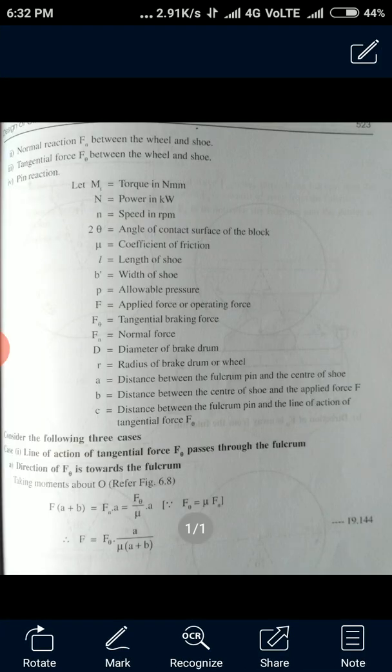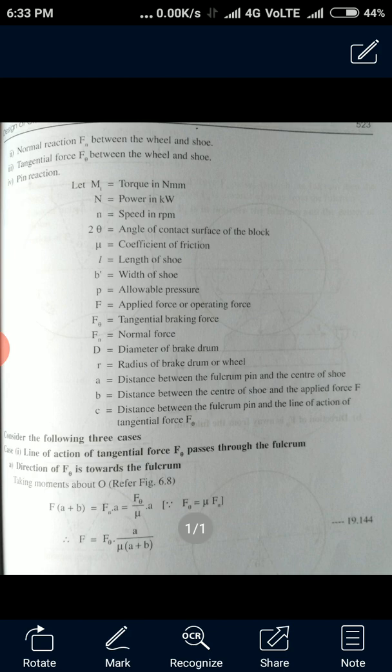Small r is the radius of the brake drum or wheel. Just a reminder: A is the distance between fulcrum pin and center of the shoe. B is the distance between center of the shoe and applied force F. C is the distance between fulcrum pin O and the line of action of tangential force F theta.